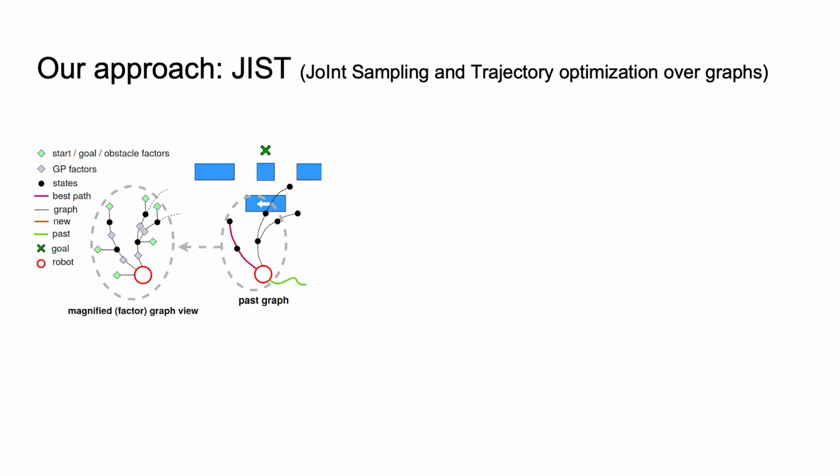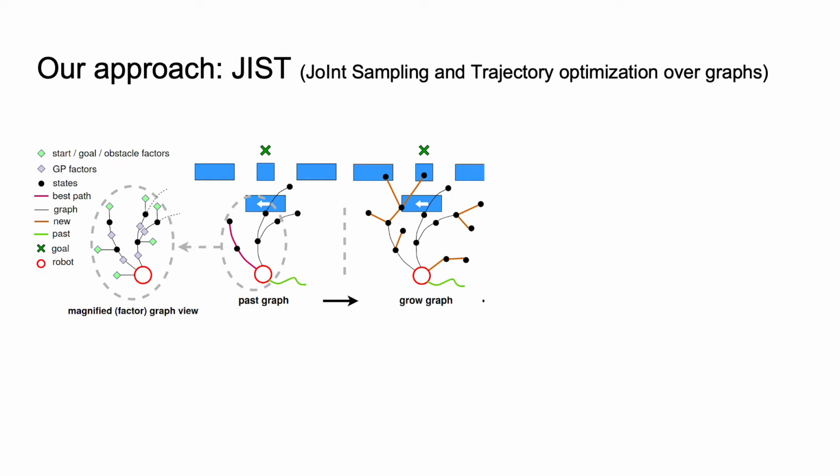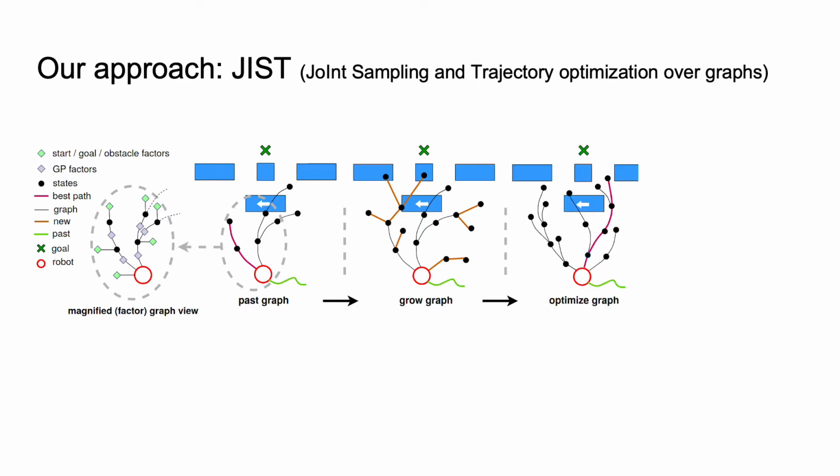In JIST, at any given time, we have the path traversed so far by the robot and the graph built so far from previous iterations. We then grow this graph using a sampling-based planner until the graph reaches a preset node budget. Post that, we optimize the graph using the GPMP2 factor graph-based trajectory optimization technique.